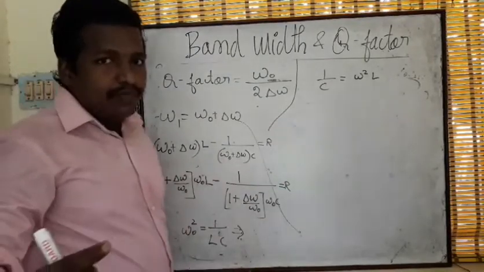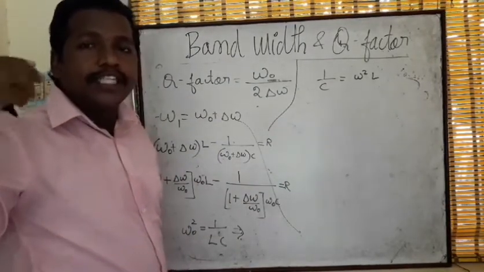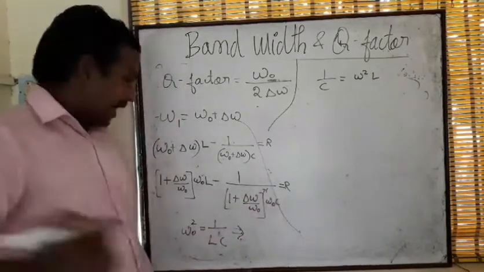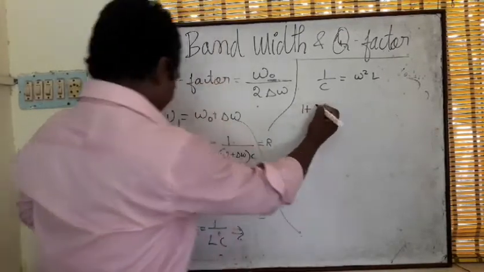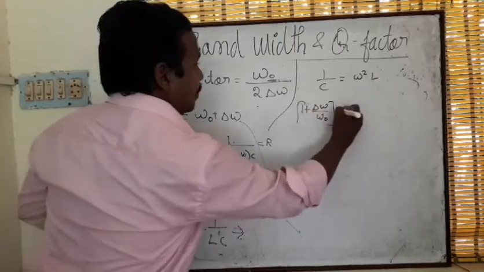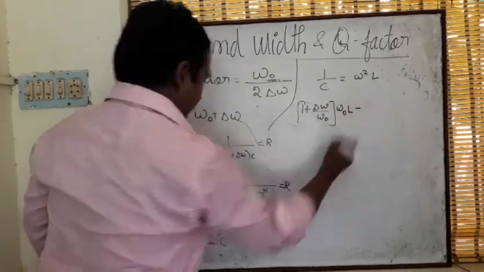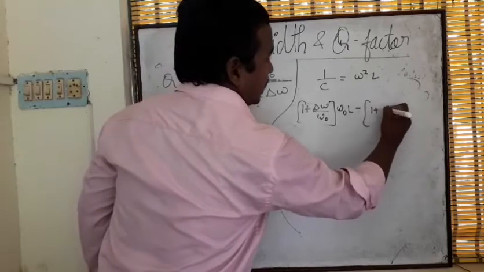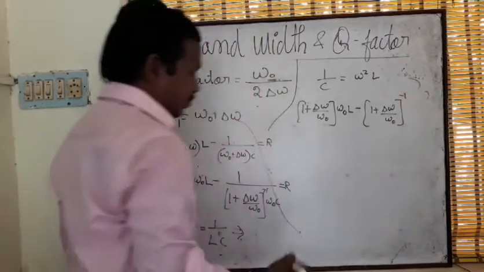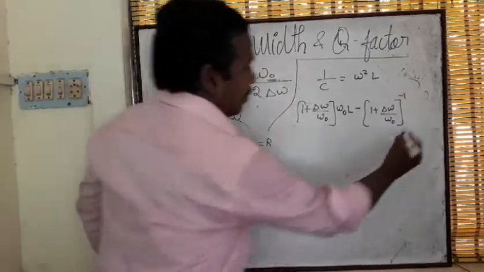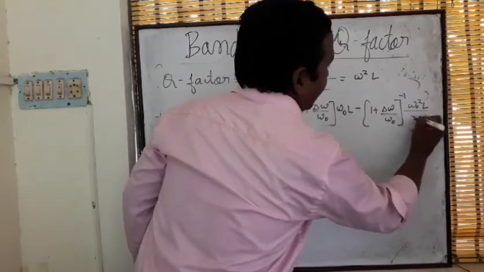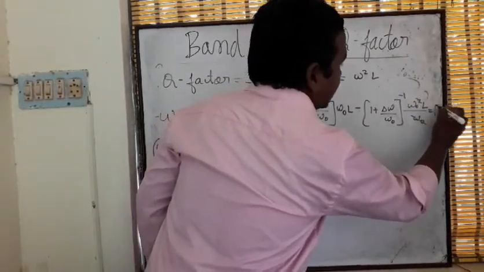When a term in the denominator with a plus power moves to the numerator, the power changes to minus, so this plus 1 changes to minus 1. So 1 plus del omega by omega naught into omega naught L, minus (1 plus del omega by omega naught) to the power minus 1, and 1 by C I substitute as omega naught square L divided by omega naught. Omega naught gets cancelled, is equal to R.